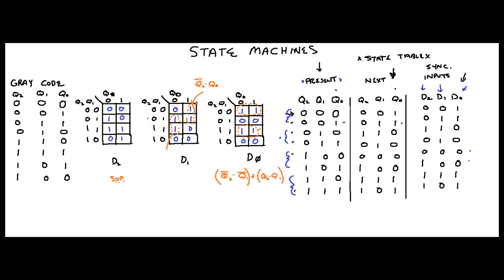And let's do this one, shall we? Do this at home while I'm doing it here. It's going to be Q0 not and Q2 and Q1, okay? Q0 bar and Q2 bar, right?